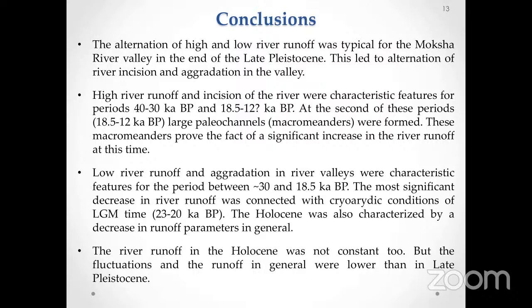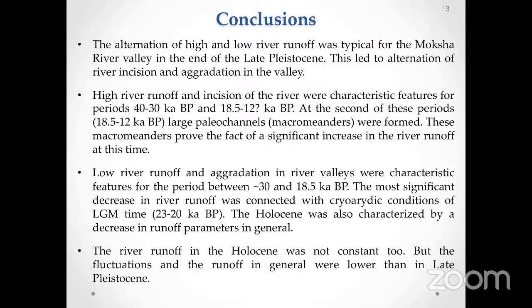Low river runoff and aggradation in river valleys were characteristic features for the period between 30 and 18,500 years BP, and the most significant decrease in river runoff was connected with cryoarid conditions of LGM time, between 23 and 20,000 years BP. The Holocene was also characterized by a decrease in runoff parameters in general.